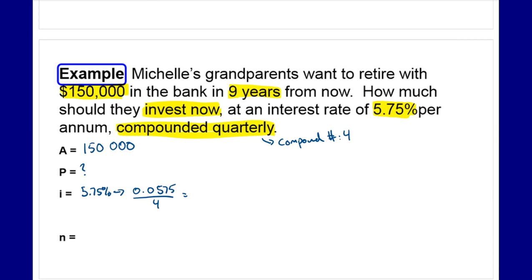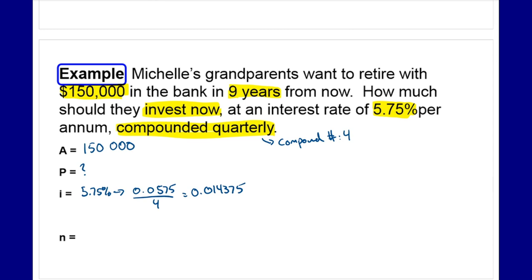So 0.0575 divided by 4 is 0.014375. I'm going to leave the full decimals there because that is the specific rate. It does terminate, and rounding could change my values very slightly, so I want to try to keep all the decimal places.